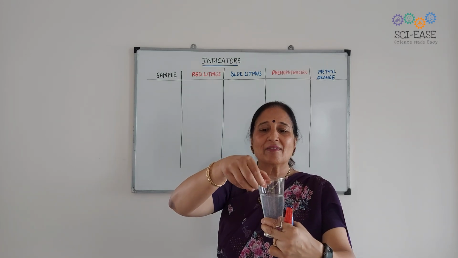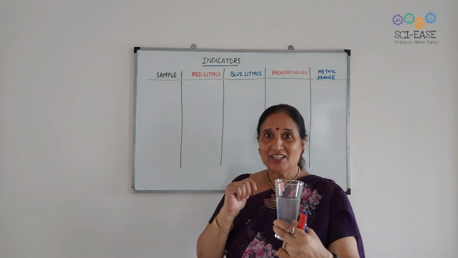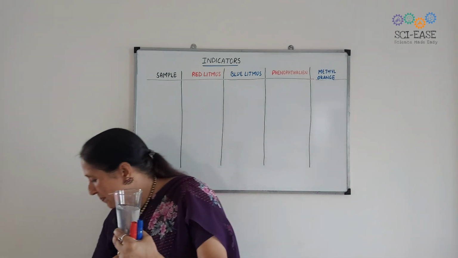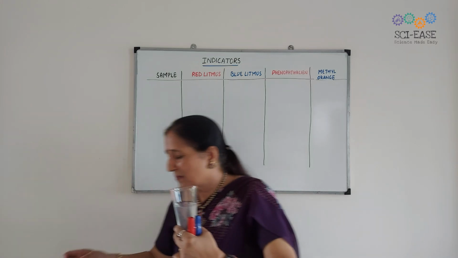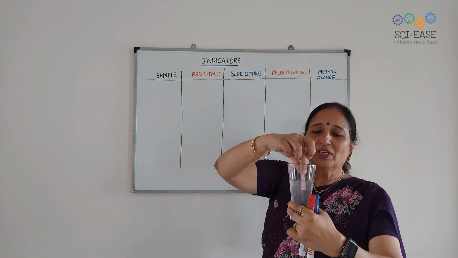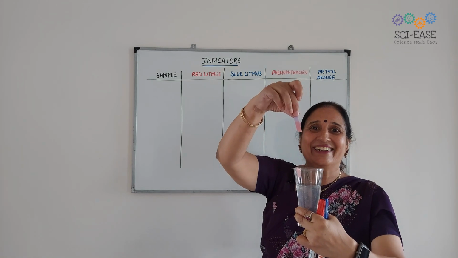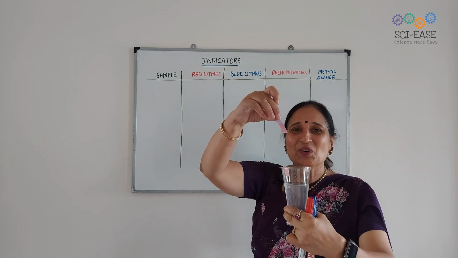This you can see. Now, I will take blue litmus paper. See, and dip it in this. What will you see? That it will change into red. This is a magic. Okay?